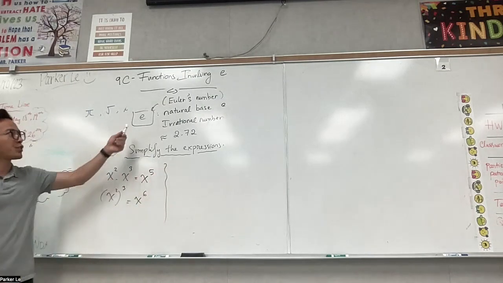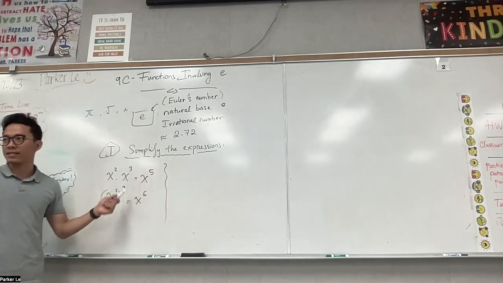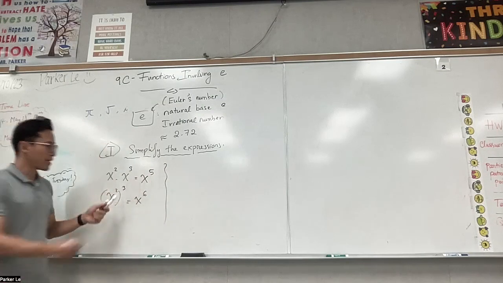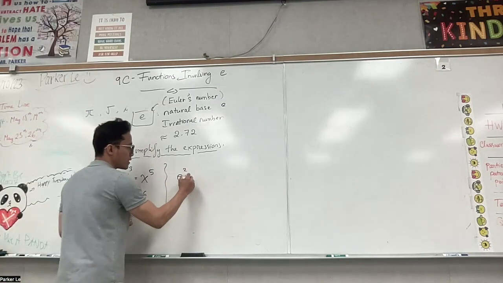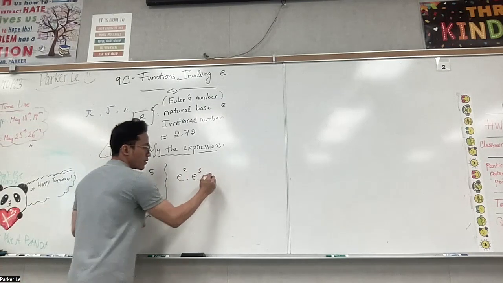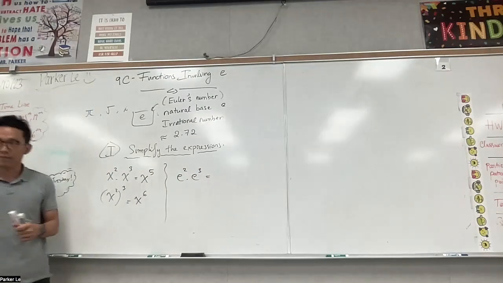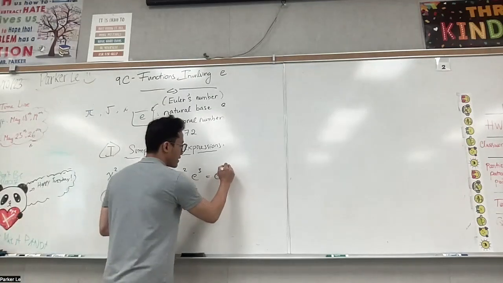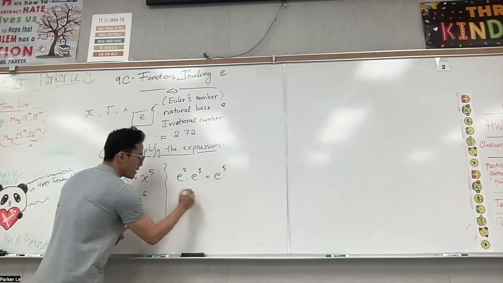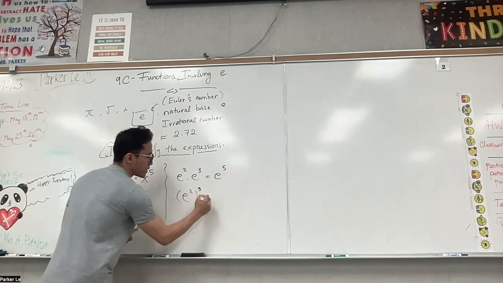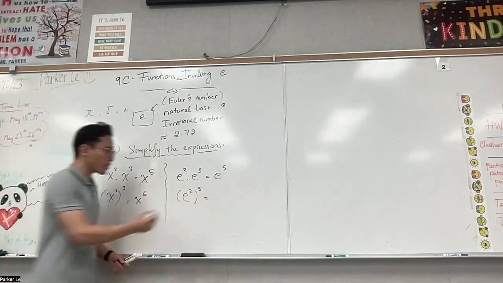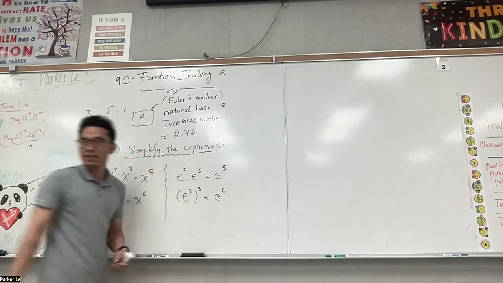So we're going to treat e the same as a variable, the same as x. For example, if I have e squared times e cubed, what do you guess? e to the 5. Similarly, e squared and then I cube it? e to the 6.